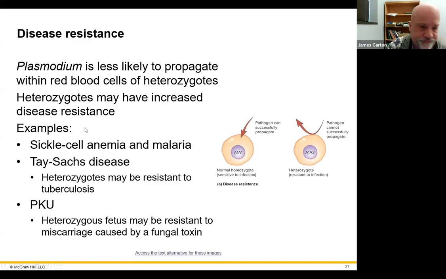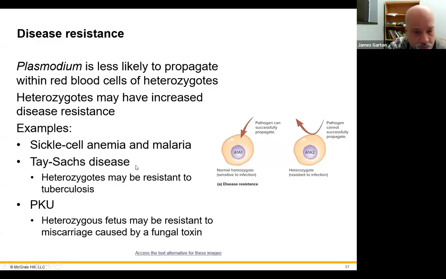And for example, you have potential alleles A1 and A2. If you're homozygous, for whatever reason, the disease causing agent is more likely to be able to infect your cells. For example, sickle cell anemia and malaria. The heterozygote has at least some resistance.